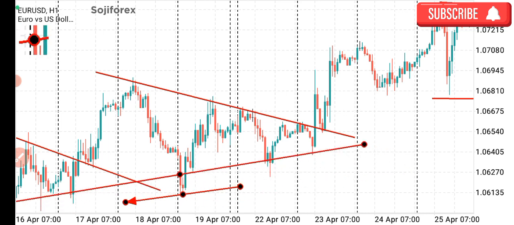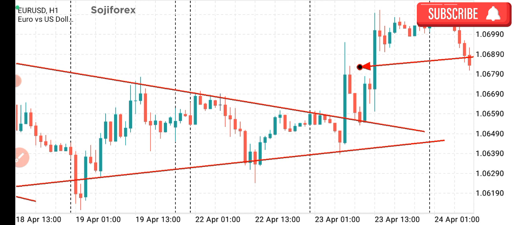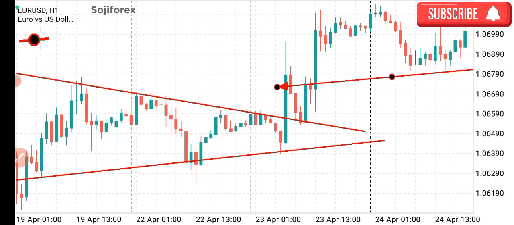We have been getting our higher low, higher low, higher low, and then look at what happened. This candle now breaks out of this triangle. You can see now this candle breaks out of it.